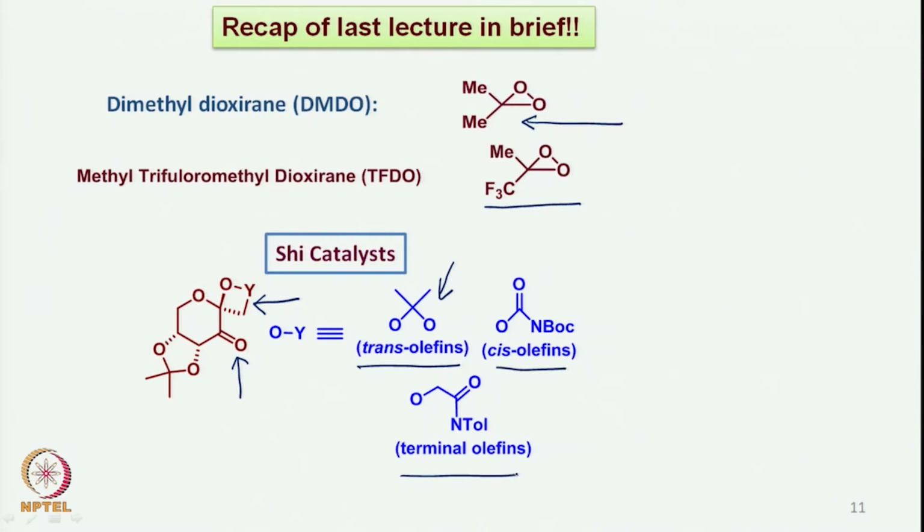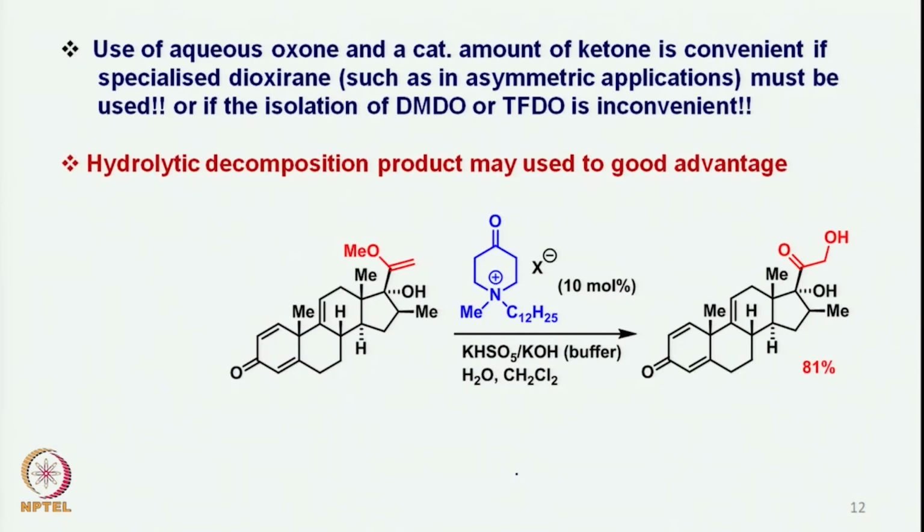Now, let us go further today with the utility of the dimethyl dioxirane or other dioxiranes in organic chemistry. The use of oxone and a catalytic amount of a ketone is thus convenient.